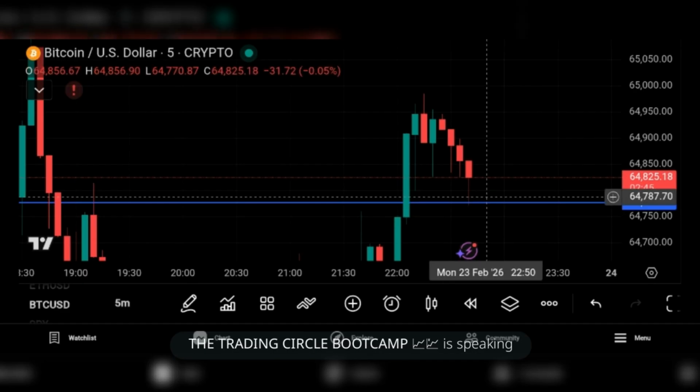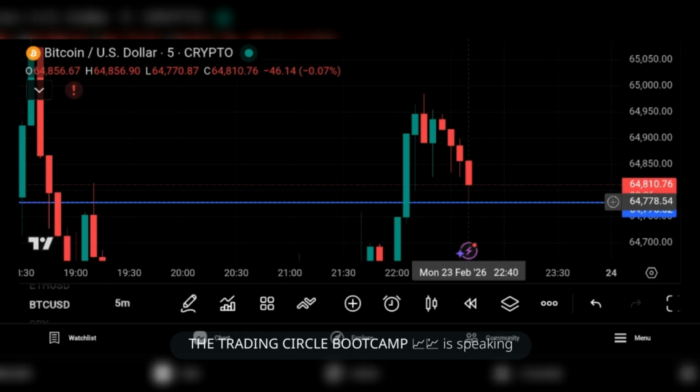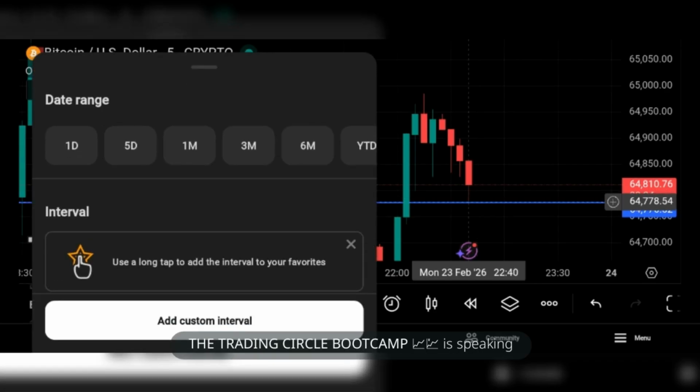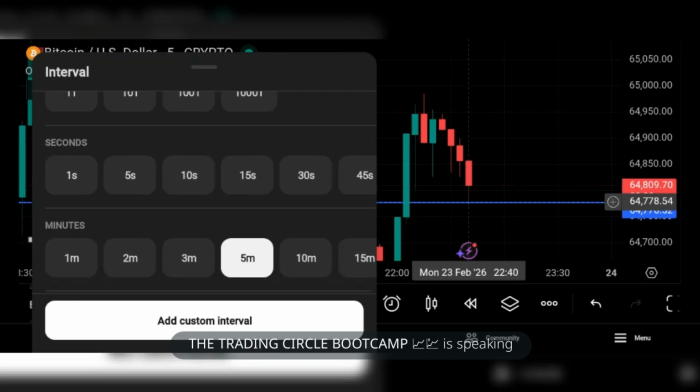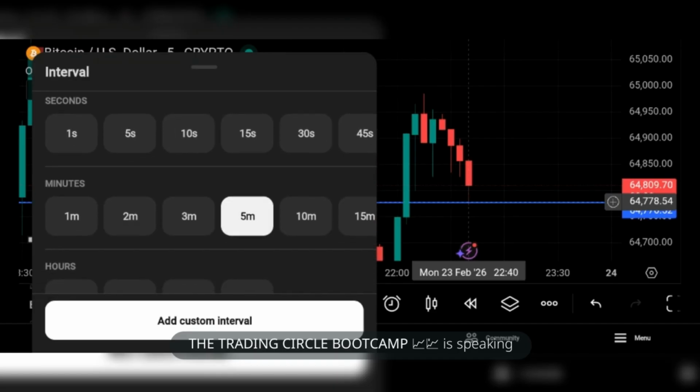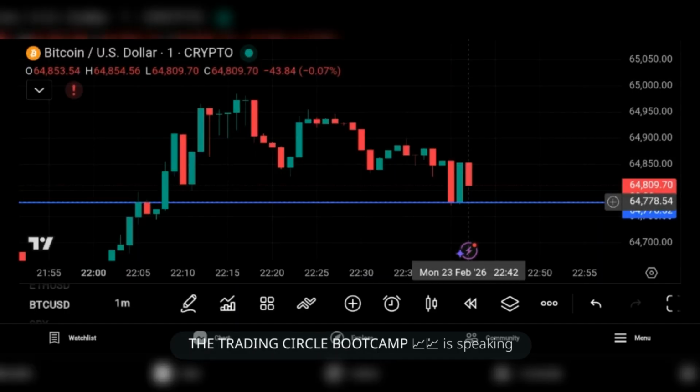The wick is forming here because, like I told you guys, price went down, then buyers pushed it up to create that wick. Now when we go to our 1 minute time frame, which is a lower time frame, 1 minute 5 times will give you 5 minutes. This is what pushed that wick that you are seeing in the 5 minutes time frame.